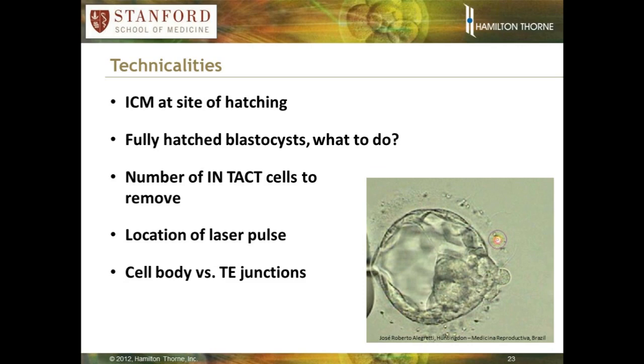Another technical aspect to be aware of, and again Dermot alluded to this in his talk about weakening junctions of cells, is that when you apply the laser on the cell body of a trophectoderm cell, that cell essentially will be destroyed, maybe by boiling water inside the cell.